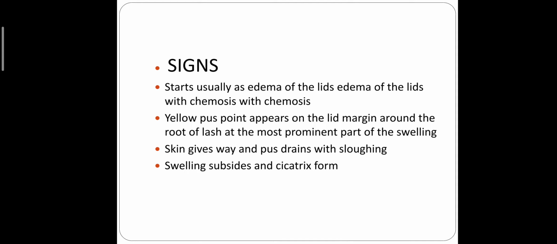One thing you need to remember is that these glands open into the hair follicles of the eyelashes. So if the pus pointing is towards the hair follicles in the lashes, it goes in favor of hordeolum externum.